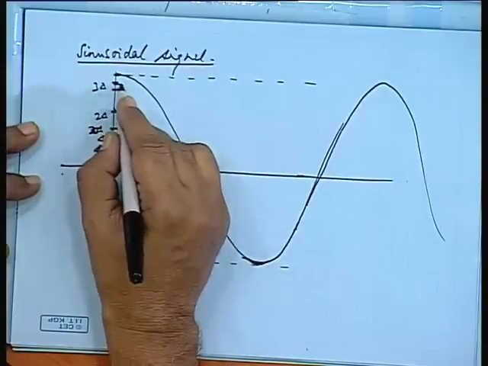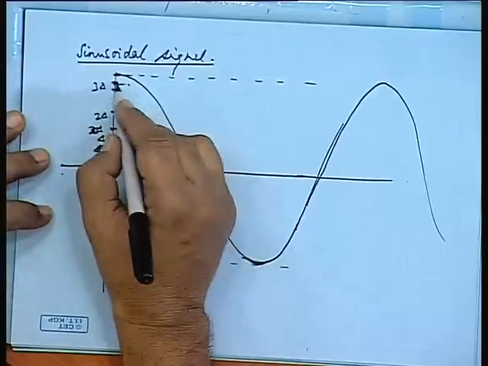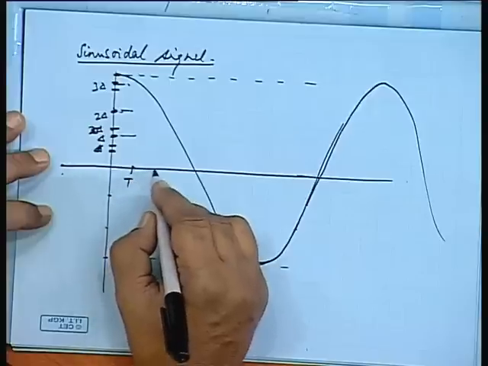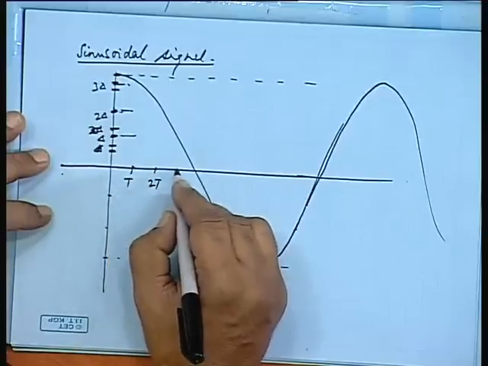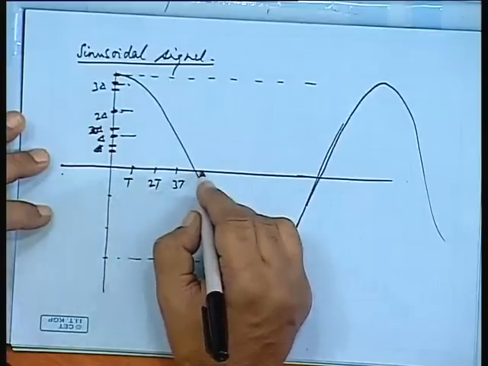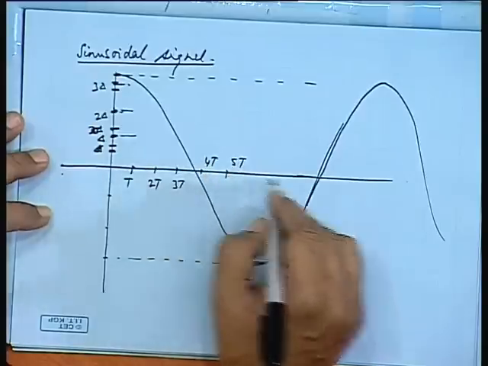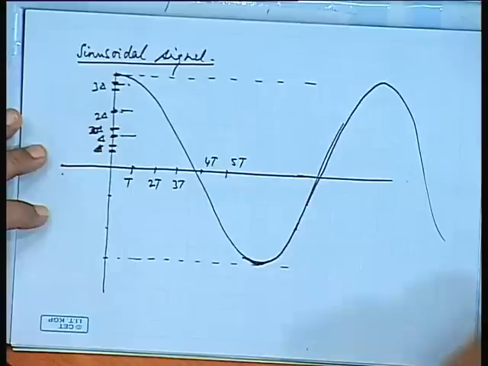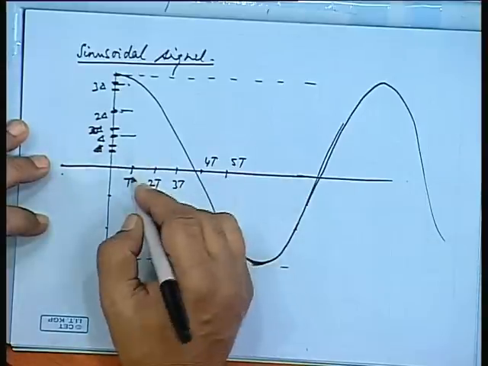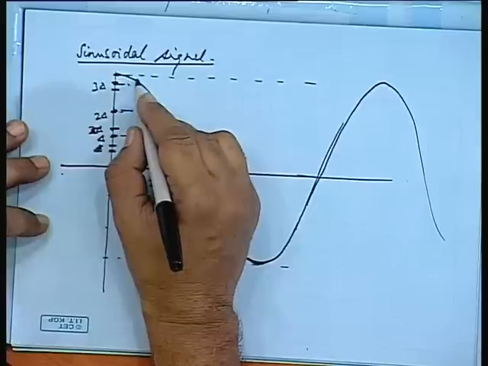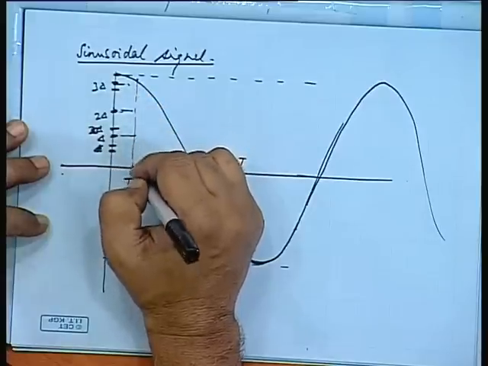These are the levels, say, and suppose the sampling time is t, 2t, 3t, 4t, 5t and so on. Okay. So, at this moment what we are sampling is this value.